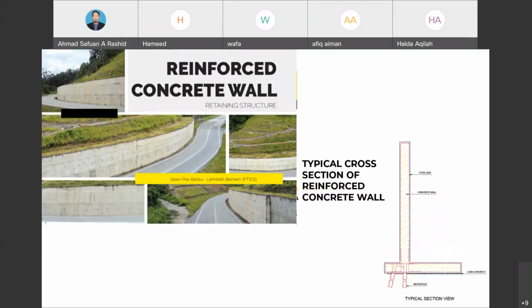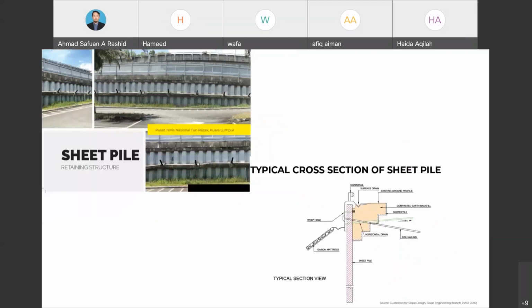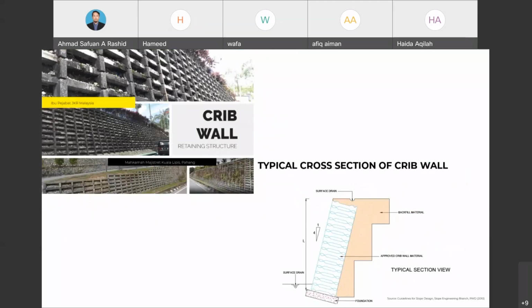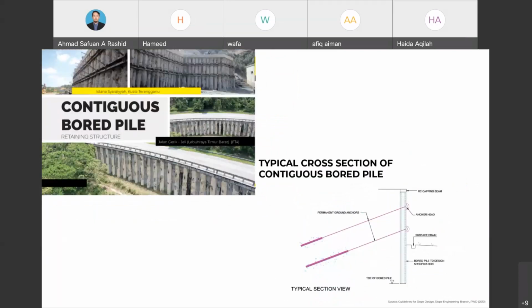This is reinforced concrete wall or retaining structure. Then we have sheet pile, reinforced earth wall, crib wall, contiguous bore pile.